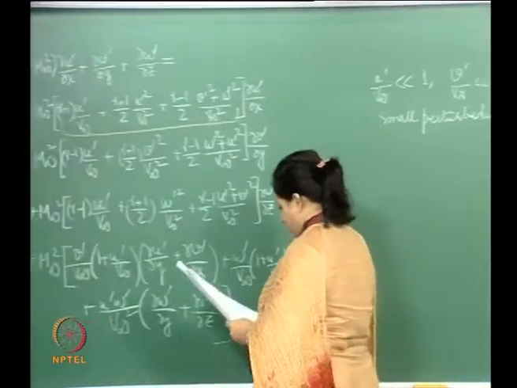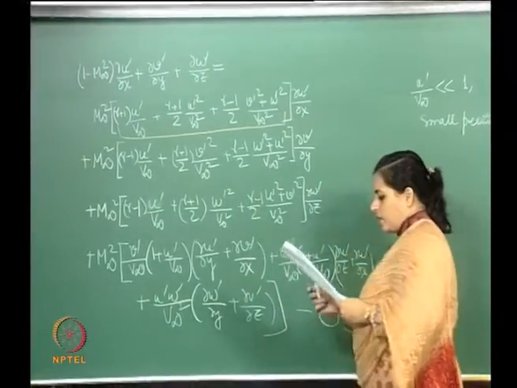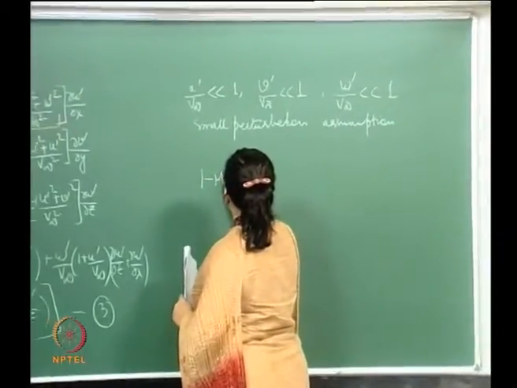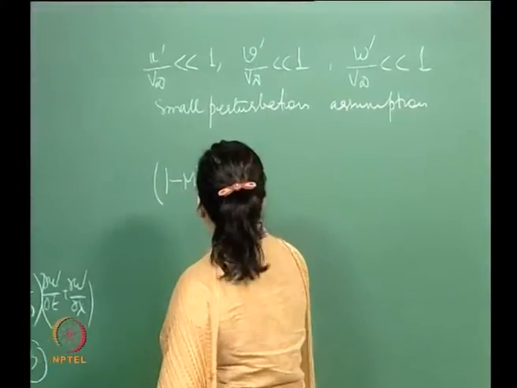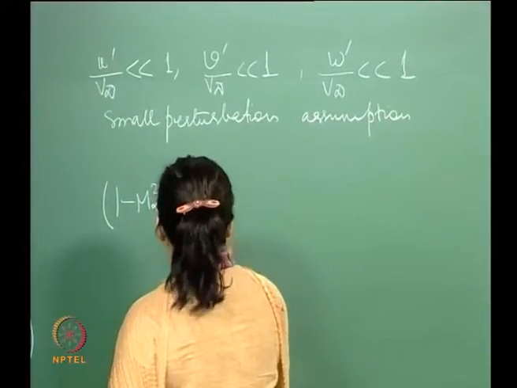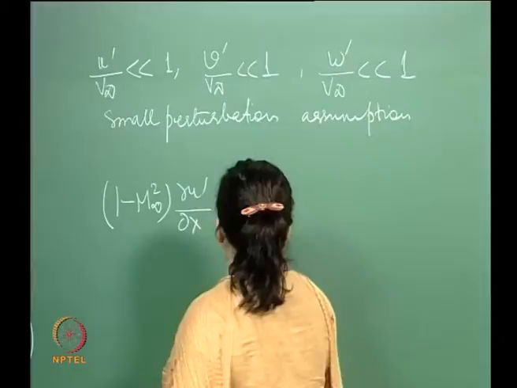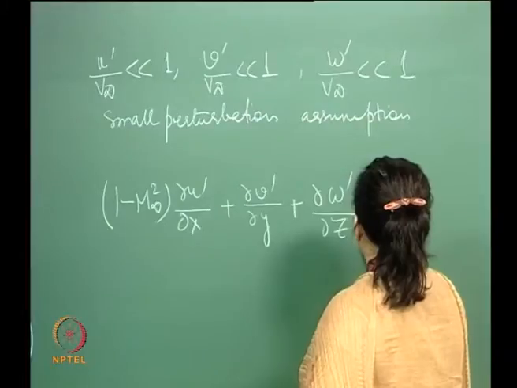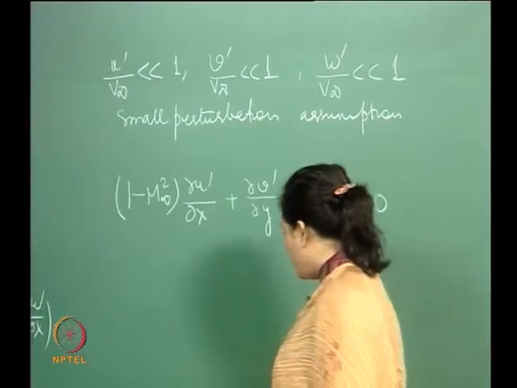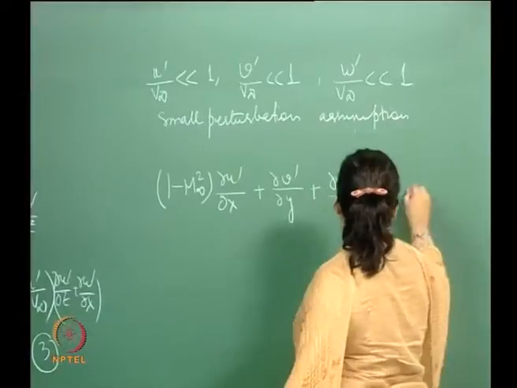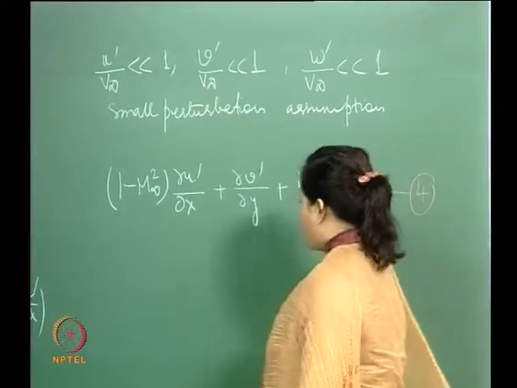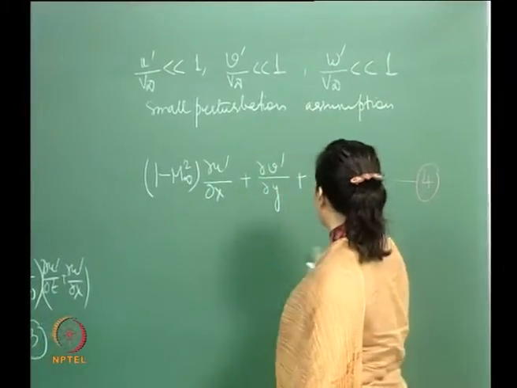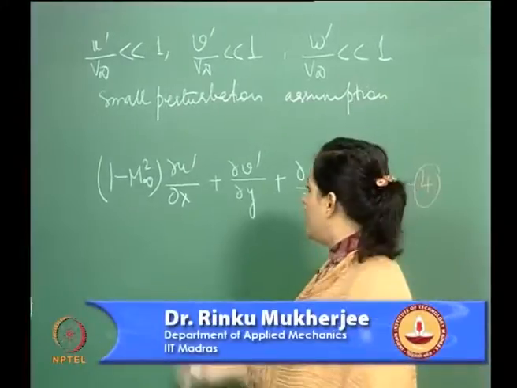If I call this equation 3, if I leave this out, all I get from there is this. Let's call this equation 4. So we have basically written our velocity potential equation in terms of this.